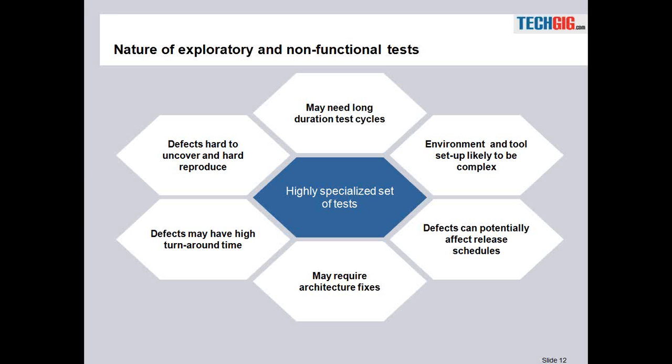First thing is, typically these non-functional requirements or exploratory tests take a long time to do. So you cannot really try to do it within a sprint where you have the builds changing practically every day. And if you are doing a durability test, or you would like to look at the long-term memory consumption of the software, then it probably takes a few days or a few weeks, to say the least.